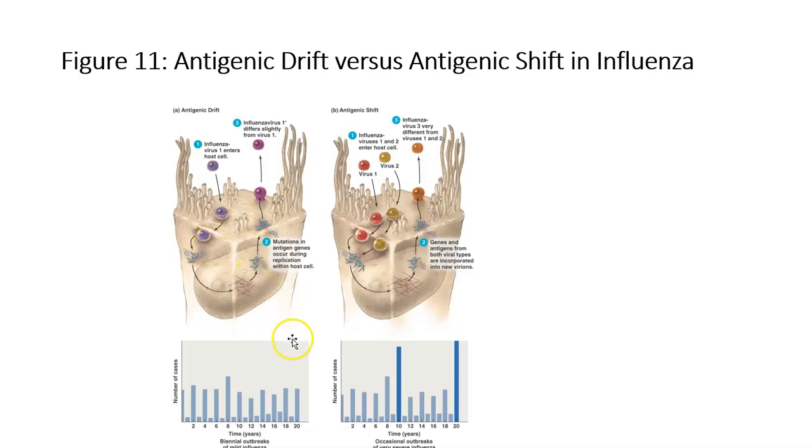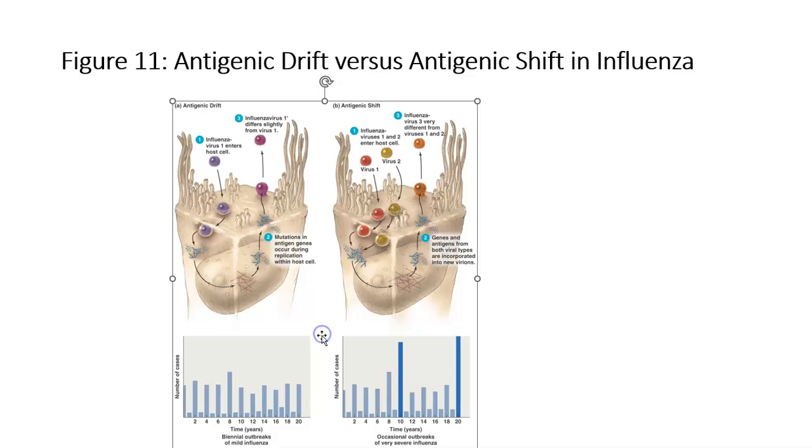What happens is we will often get biennial outbreaks. You get enough of a difference that you get an outbreak, but it's much more suppressed than before. Then as that begins to mutate a little more, the cases in the second year come up and come up.